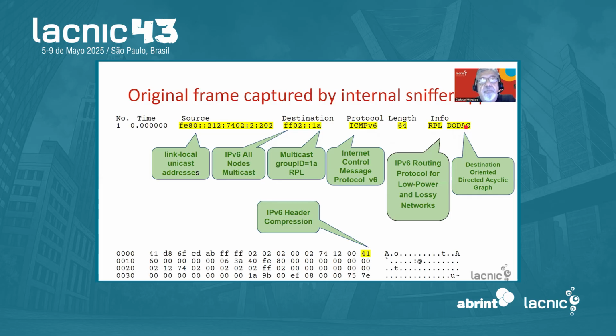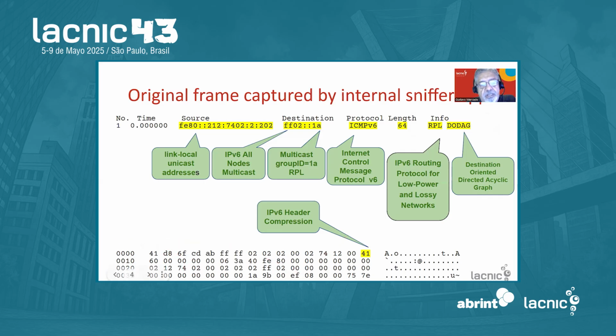In this case it is a request, so that all the RPL nodes on the link local may send this node, FE80, their situation in the RPL routing world so that the node may construct its acyclic graph.